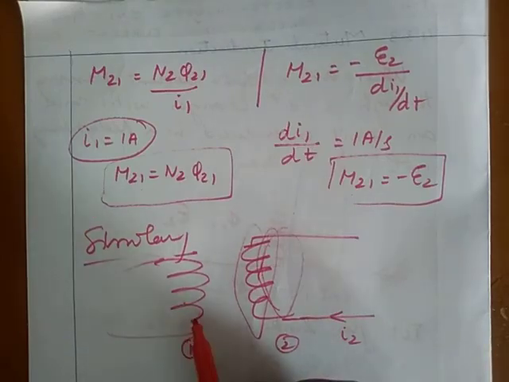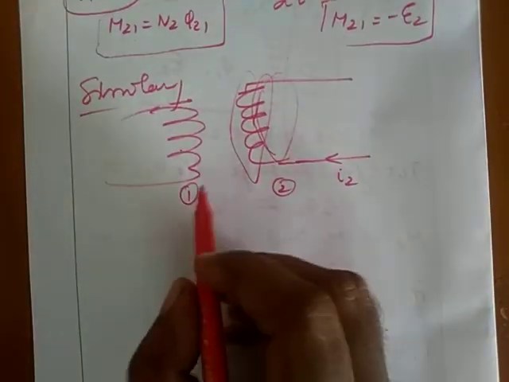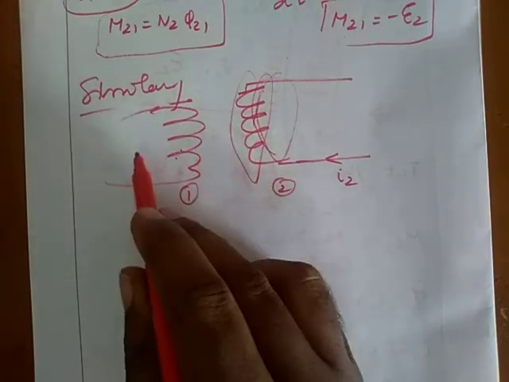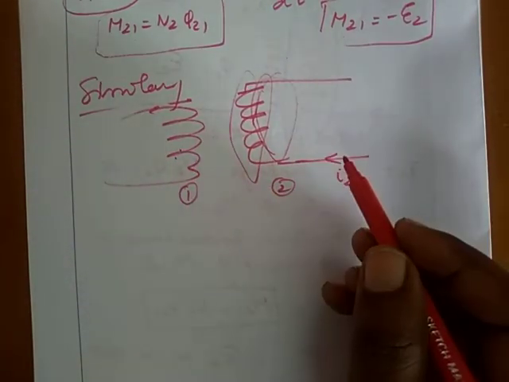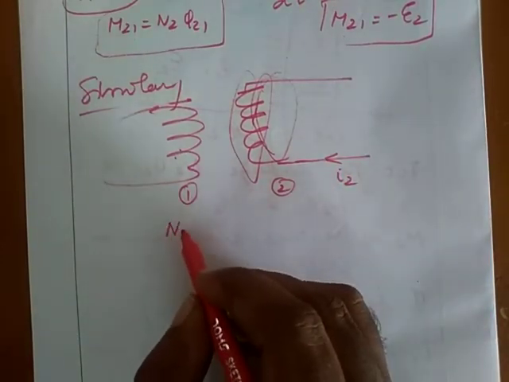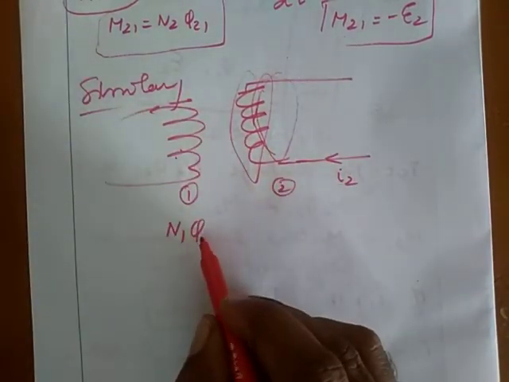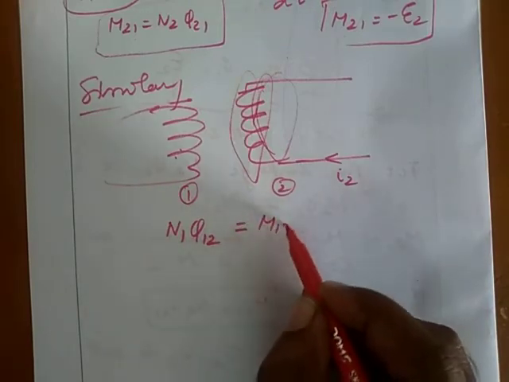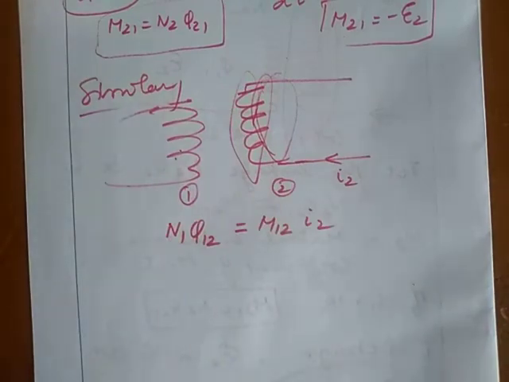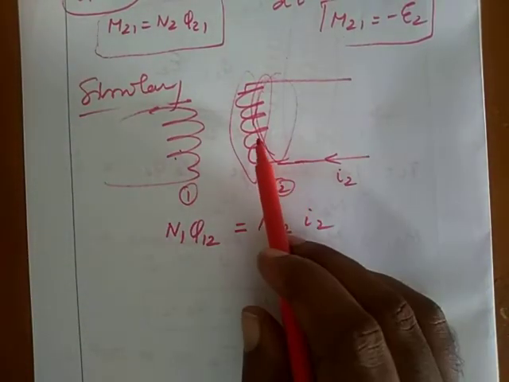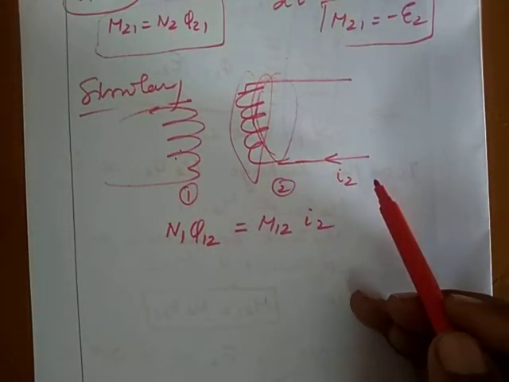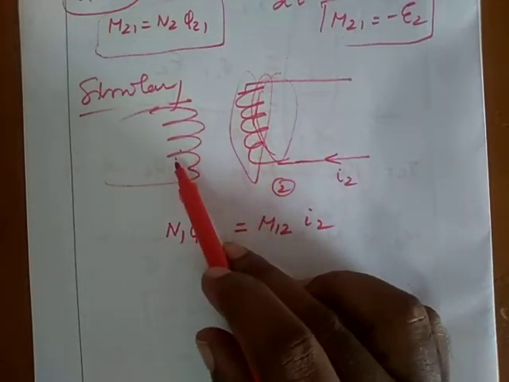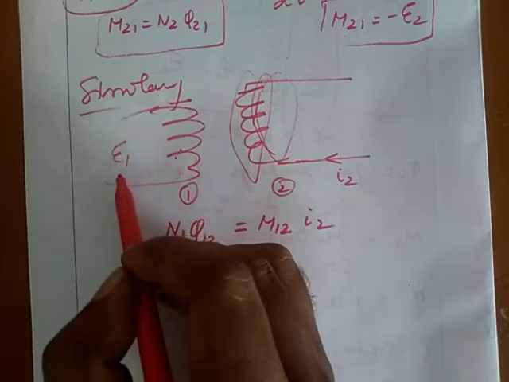For this case also, the total flux linkage in the coil 1 with respect to coil 2 is written as N1 having N1 turns, then phi 12 is equal to M12 I2. Okay, by changing the current in the coil 2 with respect to coil 1, it will produce an induced EMF in the coil 1, that is psi 1.